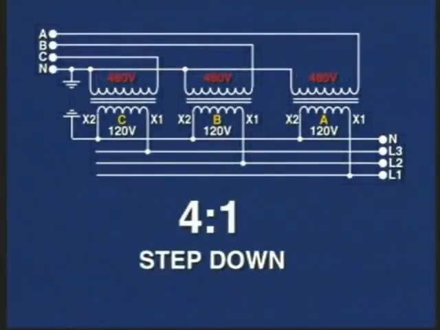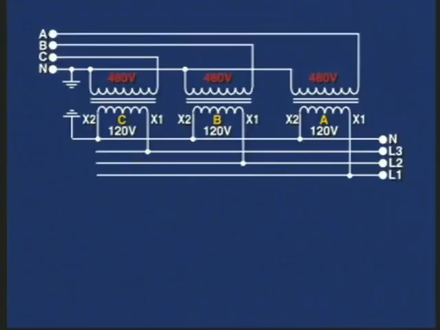Note that each of the phases is being stepped down and passed accordingly. Also remember that the voltage between phase 1 and neutral is the transformed 120 volts, and between phases the line voltage will be 1.73 times 120 volts, or 208 volts.